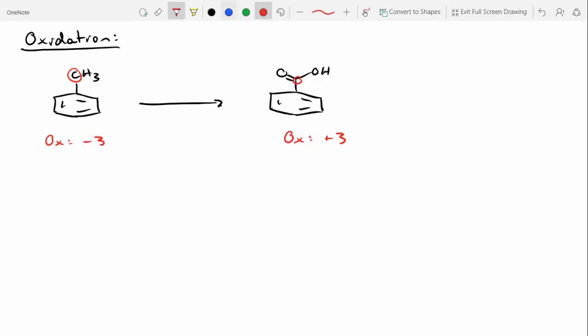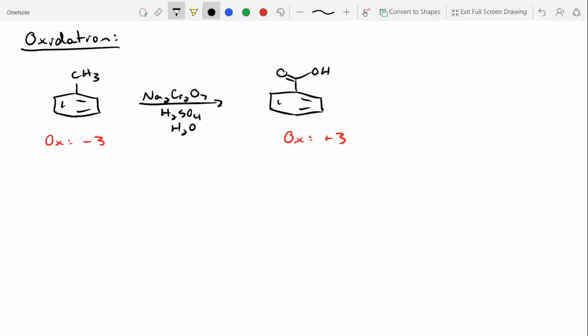What's a really good oxidant we could throw at this to oxidize these carbons? Chromic acid. Na2Cr2O7, H2SO4, and water will oxidize that carbon all the way up to an oxidation state of +3 and give you benzoic acid.